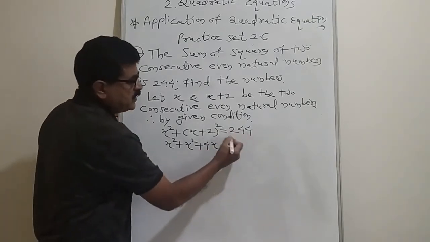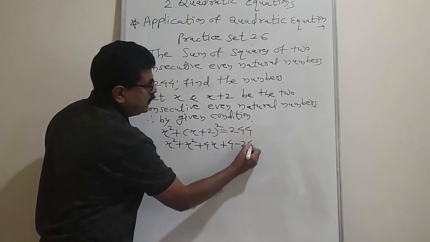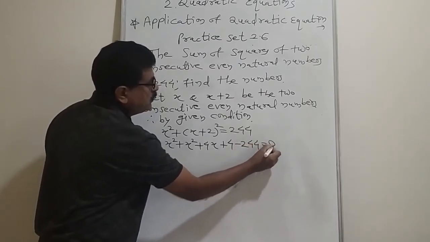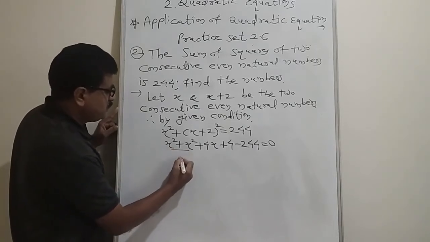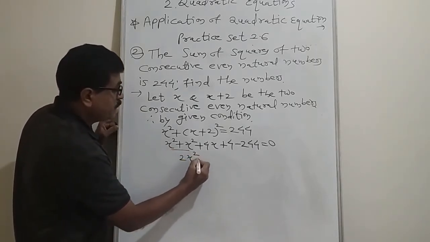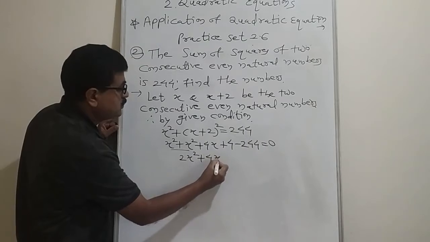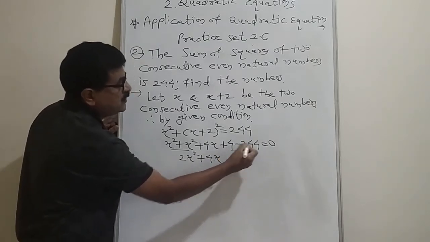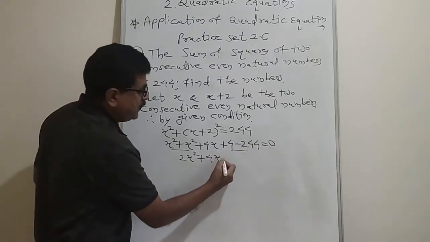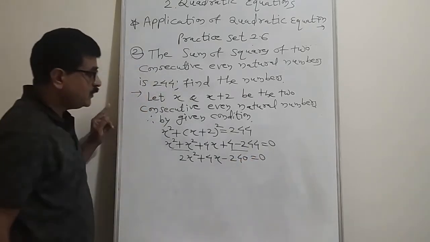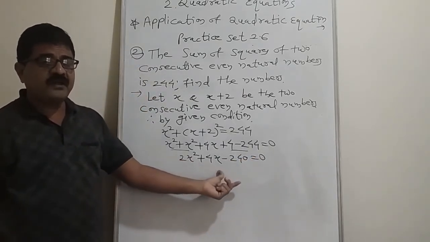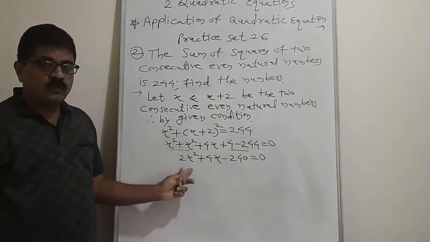Now take this term to the left hand side: minus 244 equal to 0. Now take the addition, x square plus x square is 2x square, plus 4x. Now 4 minus 244 is minus 240, equal to 0. Now which term is common here? 2.